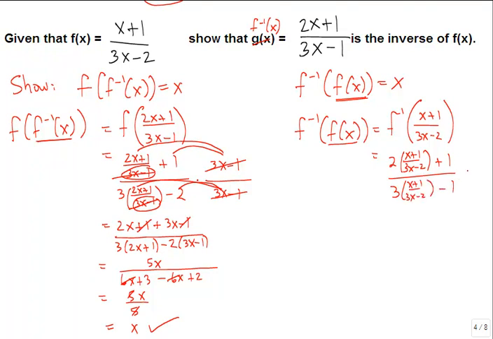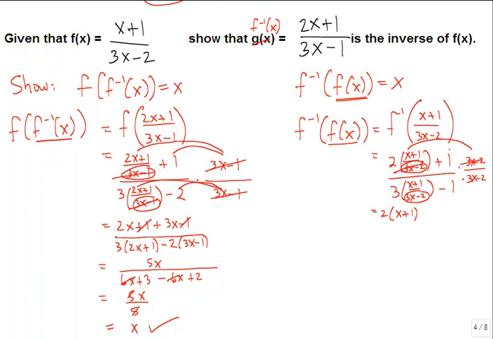minus 1. And just as before, it's very messy, so the easiest way to clean it up is to multiply by my two denominators, my 3x minus 2's, on the top and the bottom. When I multiply this first fraction across, the 3x minus 2's cancel, and I'm left with my 2 and my x plus 1.